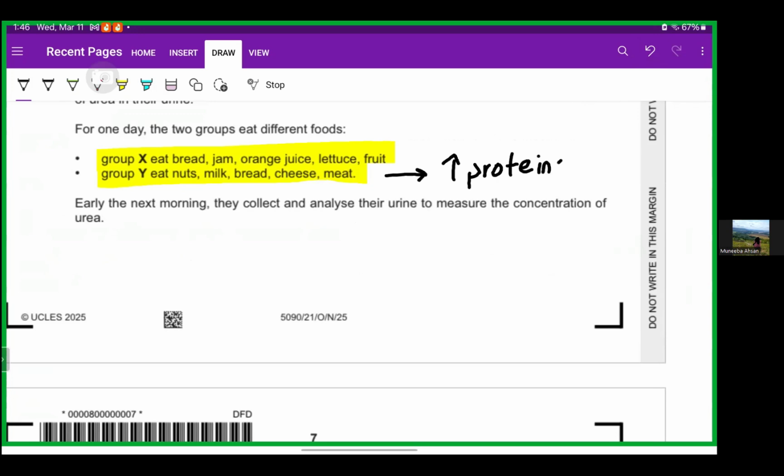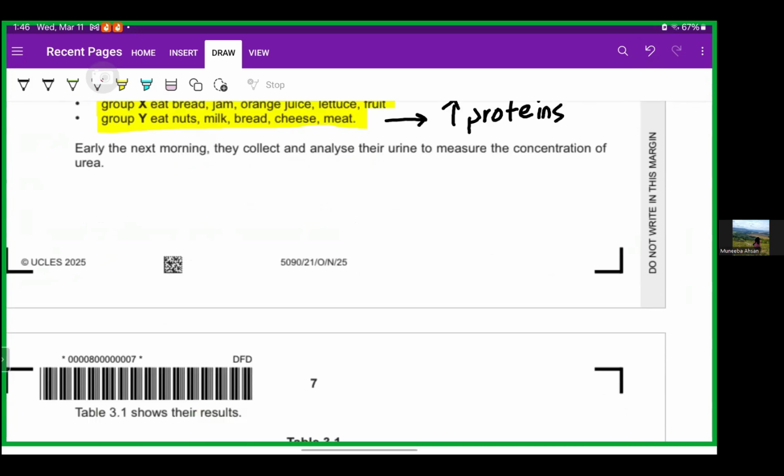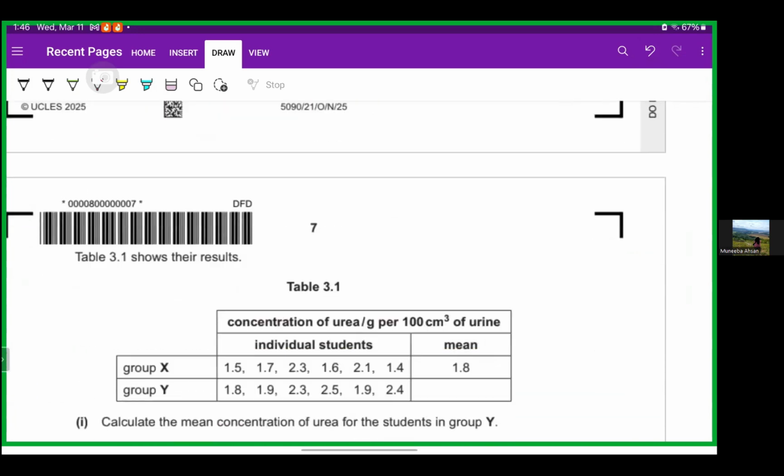Okay. Now table 3.1 shows their results.